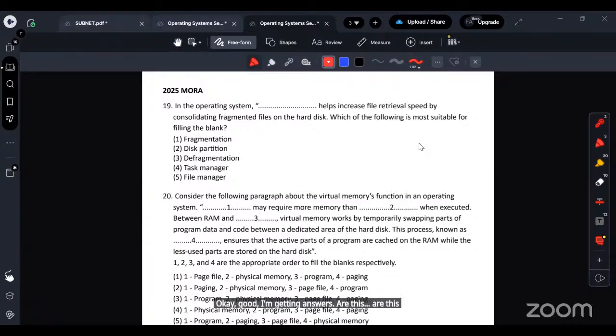Others, just at least if you're not sure, also say, no problem. Your guess. So, what helps increase file retrieval speed by consolidating fragmented files on the hard disk? Leah, at least give a guess if you don't know.